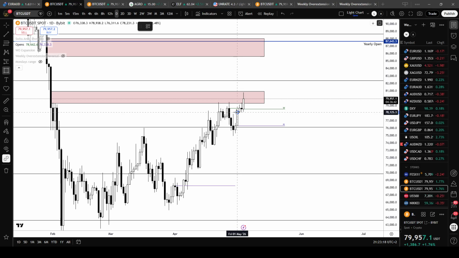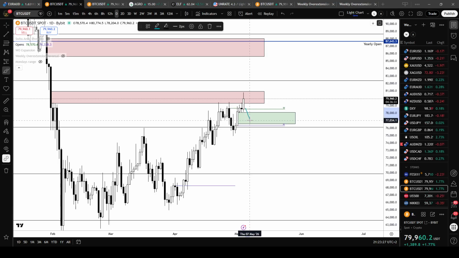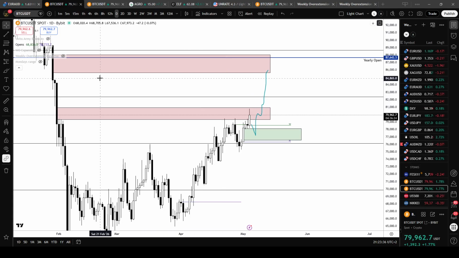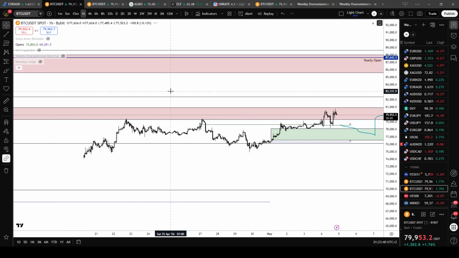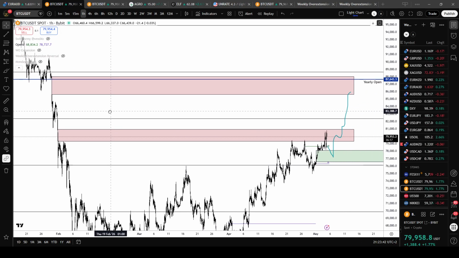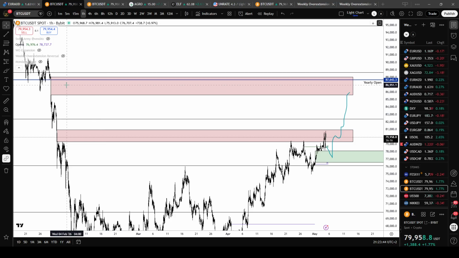We have this daily imbalance, and I think price trading into this area could be a great buying opportunity towards higher prices. And because if you look at the left hand side, you're gonna find this is an inefficient move.